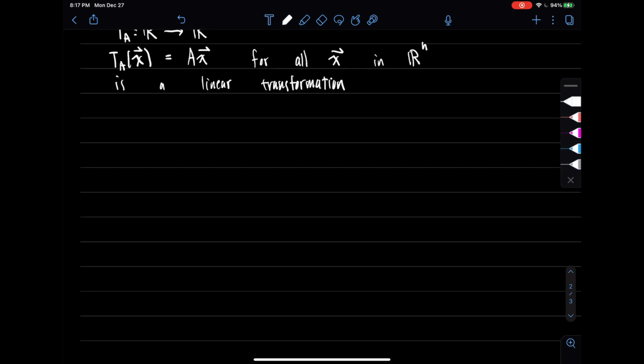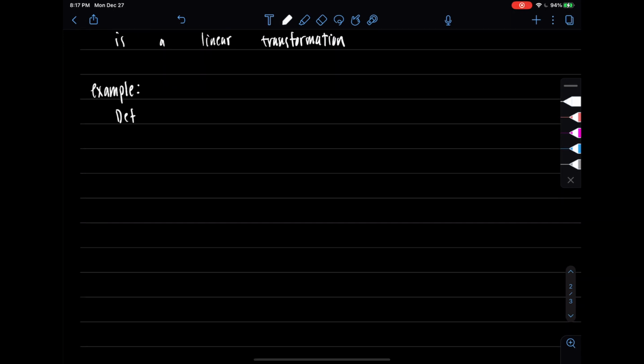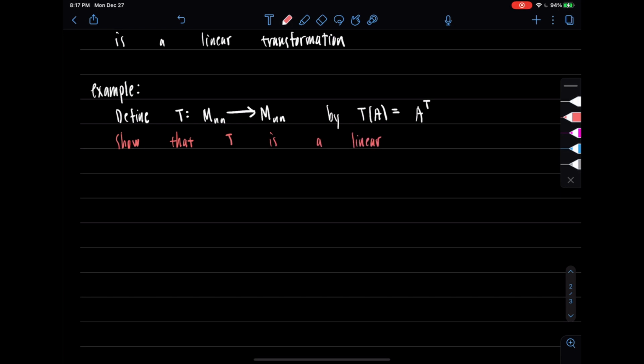So let's look at an example. This will be example 6.5 in the textbook. We define a transformation that goes from Mnn to Mnn by T(A) equals A transpose. We want to show that T is a linear transformation.